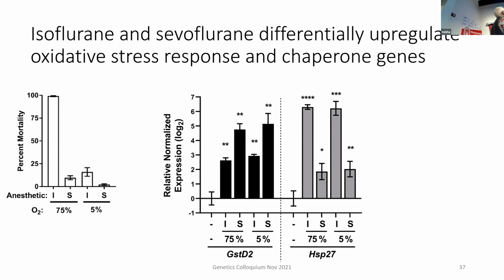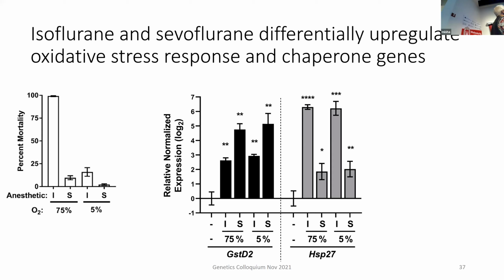For example, in GSPD2, which is an oxidative stress response gene, we see a stronger effect with sevoflurane than with isoflurane, which we interpret as isoflurane suppressing. There is an oxidative stress, but isoflurane, for whatever reasons, suppresses the expression, while sevoflurane allows the expression. And you see the same thing in 75 and 5% oxygen.